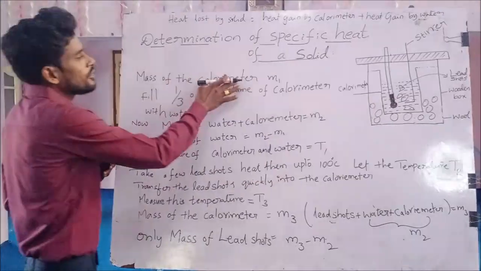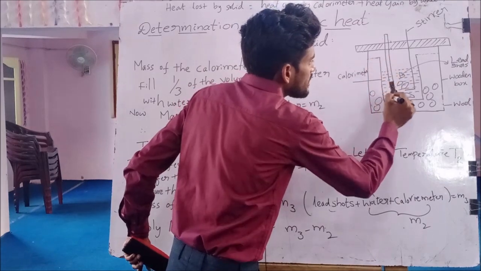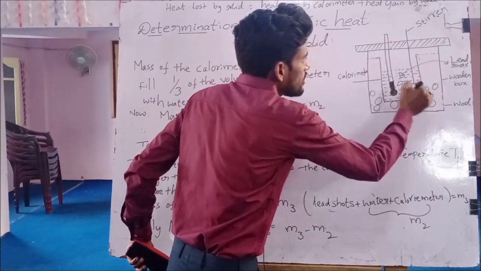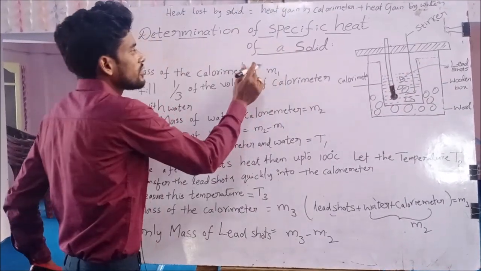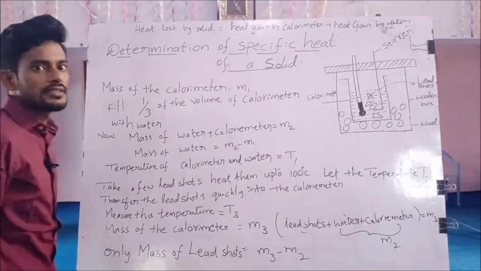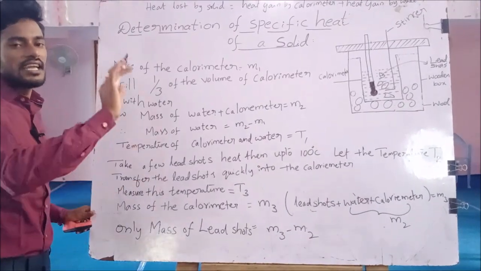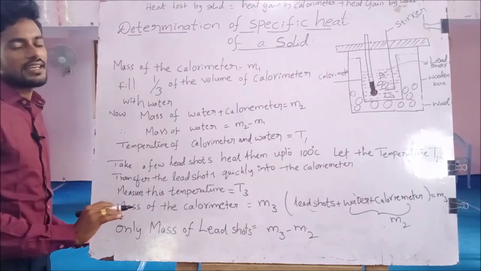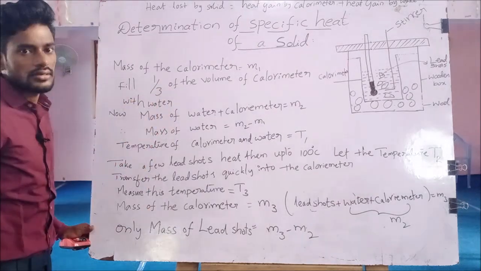See, mass of the calorimeter. What about this mass? Mass of the calorimeter equal to m1. Now do one thing. That calorimeter should be filled with water, about 1/3 part.